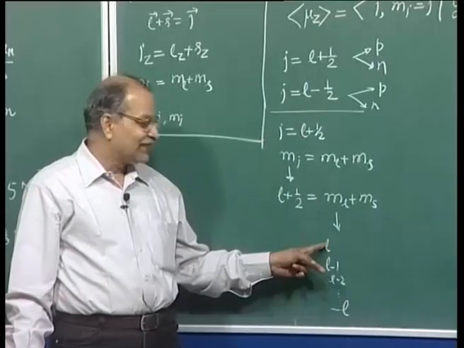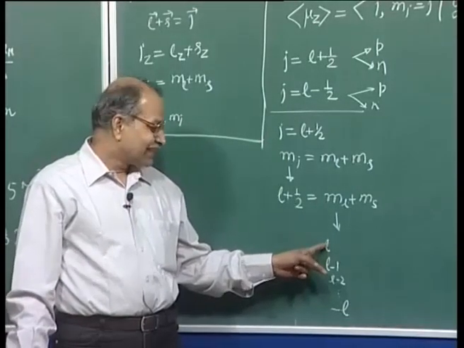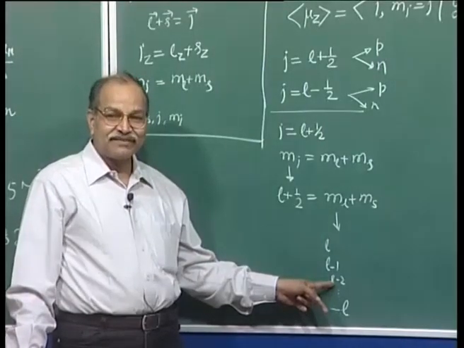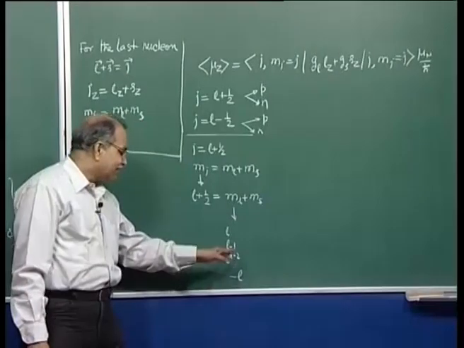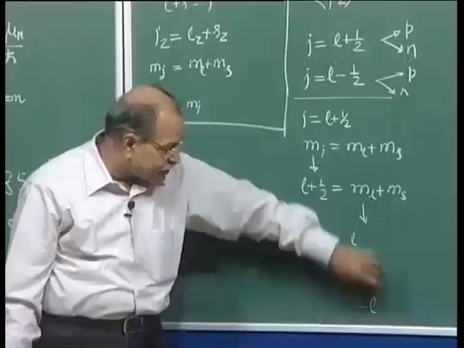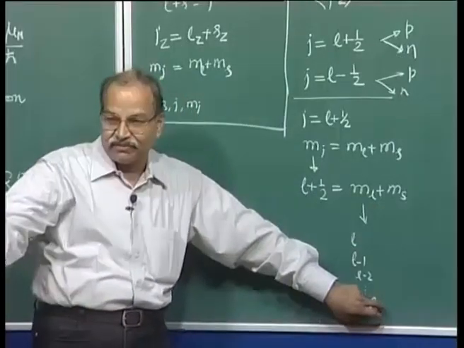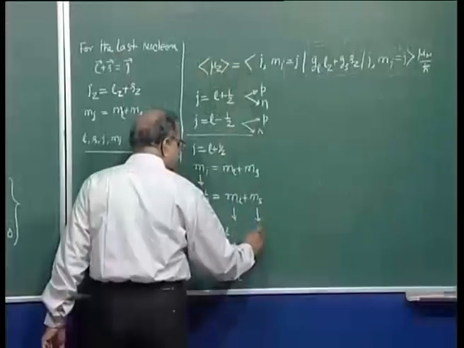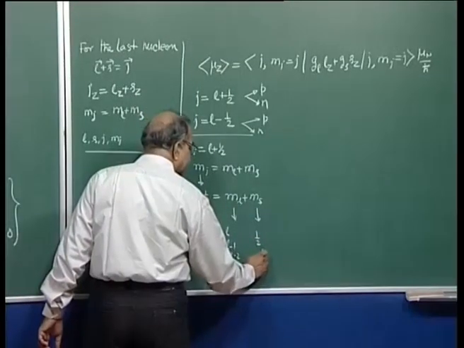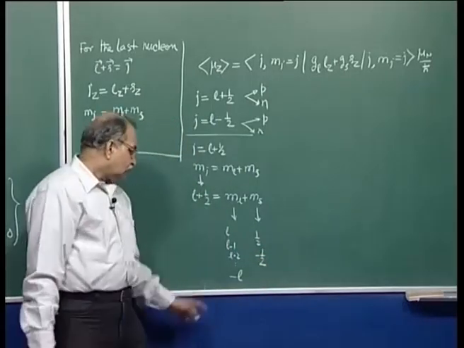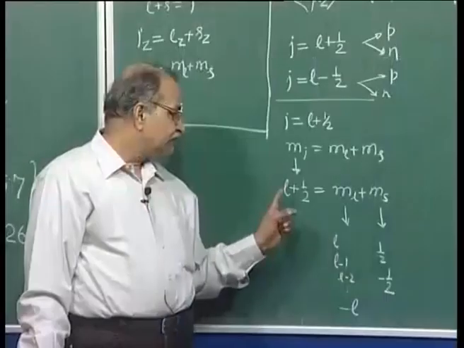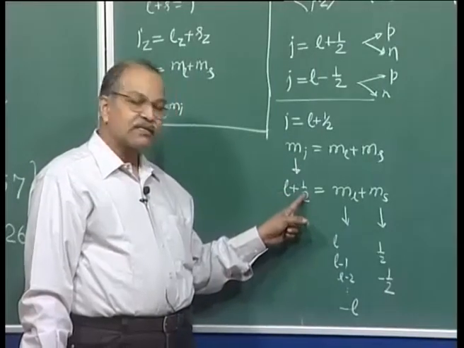So, 1 to minus 1. It will end here only if we are talking of S state, but the idea is it starts from L, it goes up to minus L in steps of 1 wherever it stops, and this Ms can have only 2 values, half and minus half. Now, what combinations of Ml and Ms will give you Mj equal to L plus half?